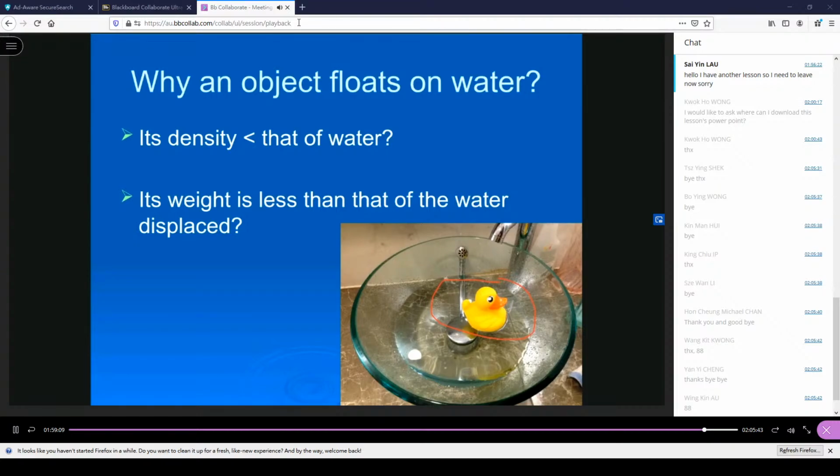Quick response, please. Another difficult question, right? An object floats on water because its weight is less than that of the water displaced.